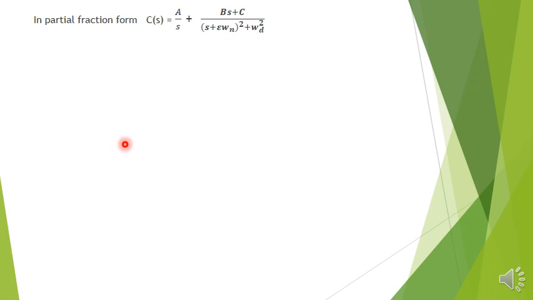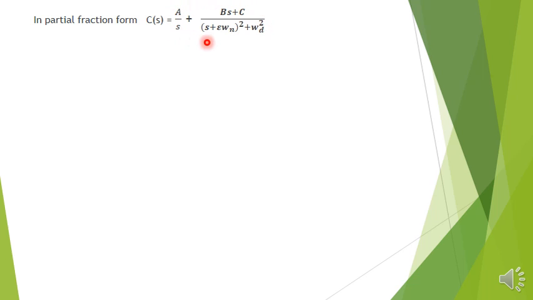Now to find C of t, which is the Laplace inverse of C of s, which is the product of two functions, we cannot find the inverse directly. So we need to represent it in partial fraction form like this: A by s plus B s plus C by s plus zeta omega n whole square plus omega d square.